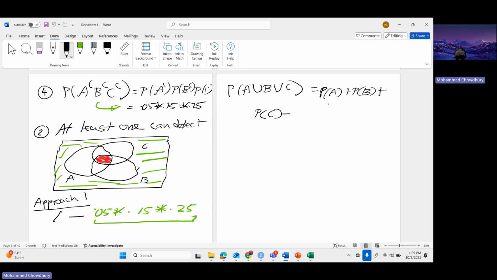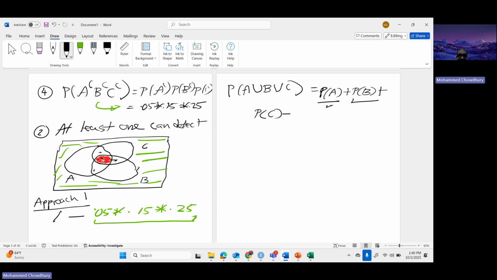If I write here probability of A, then this part is coming in here, this part is coming in here, this part is coming in here. So these three parts are considered in here, right? If I write here probability of B, this part is this part, that part. So these three parts are shared by the other two. Now, if I write here probability of C, then this part and that part. So this part is shared by at least two others.